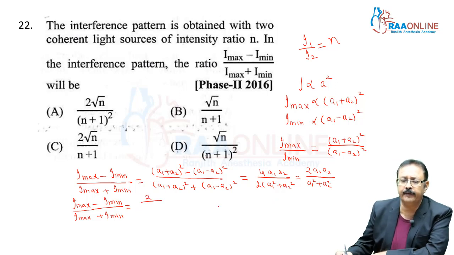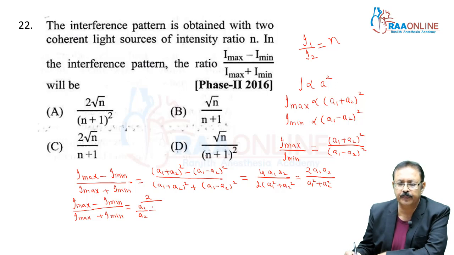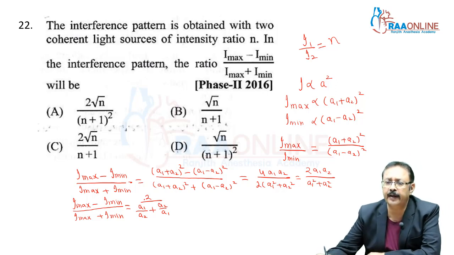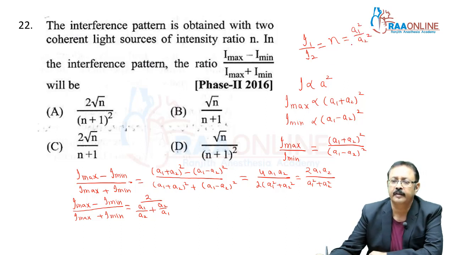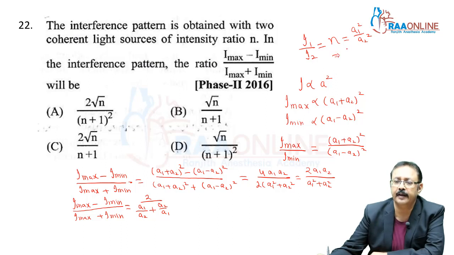A1 square upon A1 A2, we will get A1 by A2, or you can say dividing numerator and denominator by A1 A2. Here you will get A2 by A1. We know that I1 upon I2 is equal to A1 square by A2 square. So this implies A1 by A2 is root n.